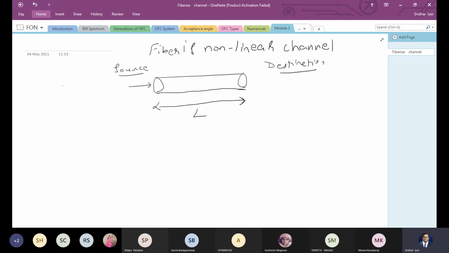If the inserted power from the source is some P in, I'm calling it P in because it's the input power, it has been observed that the output power, let us call this P naught or P out, is related to the input power P in in the form of an exponential decay. That means this P in on the RHS gets multiplied with e raised to minus some factor alpha into the length of this fiber.